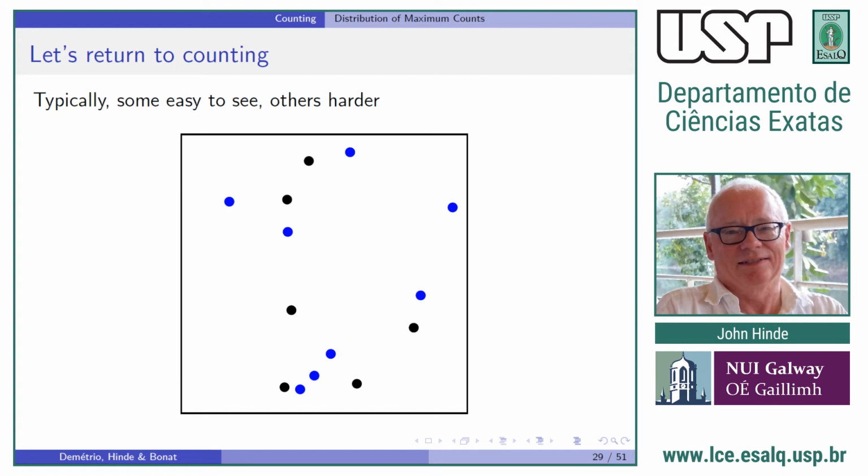Now, when I showed you those points originally, some of them you saw every time. And those are the blue ones. You always saw the blue ones, and on some occasions you saw some of the black ones. So what would be the impact of this? Just think about it.